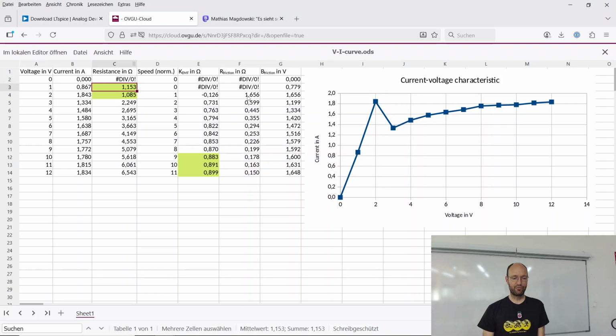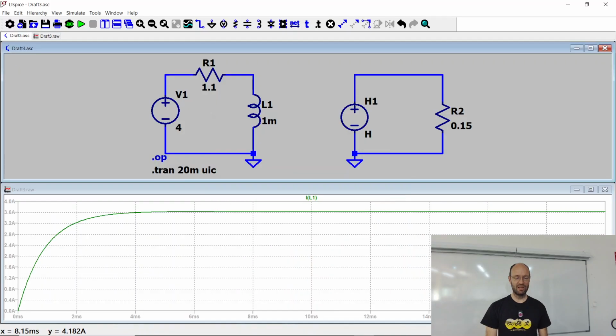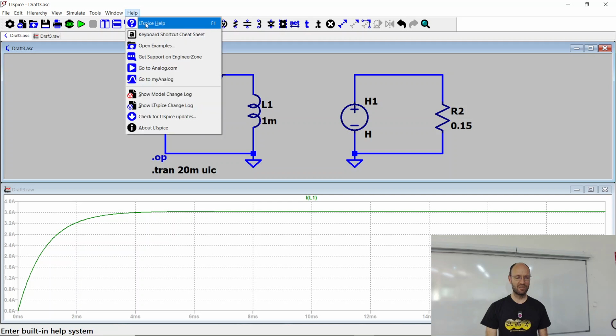And so if you click on this, then it's getting a bit difficult because, yeah, I think here it's not very user-friendly how to set these controlled sources. You just see, okay, you can set two values, a value and a second value. And so I will click once again on cancel, and because I also don't remember correctly, take a look at the help.